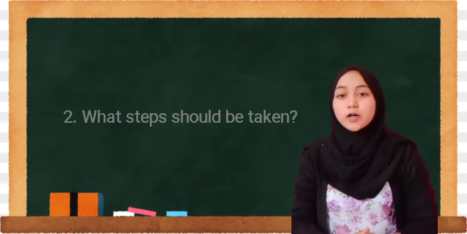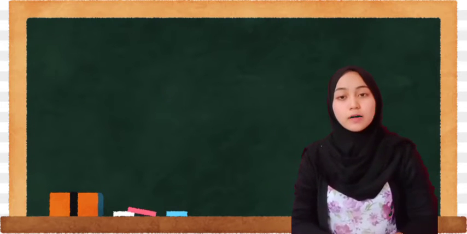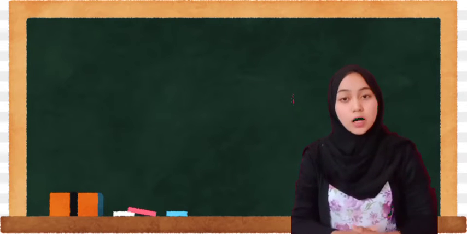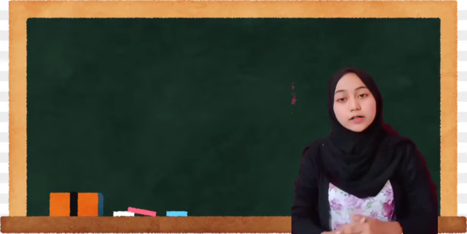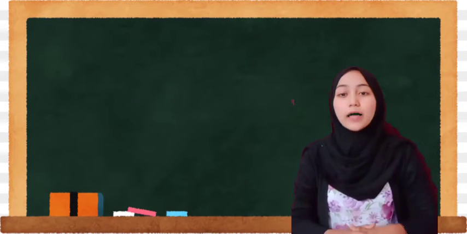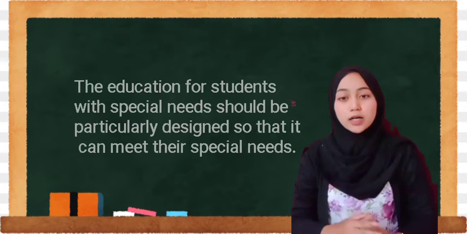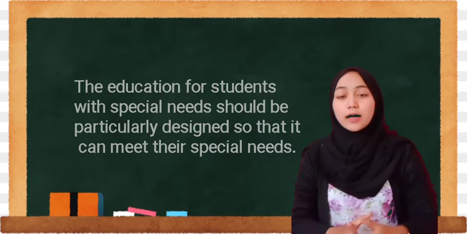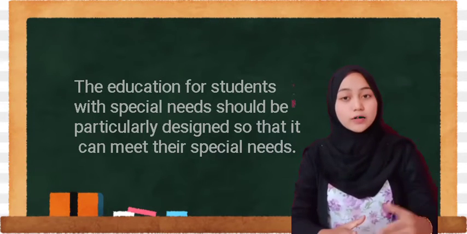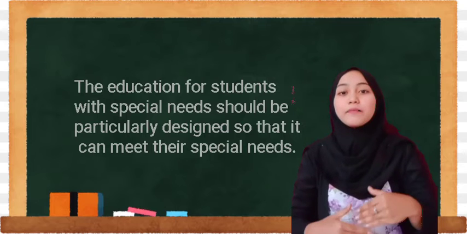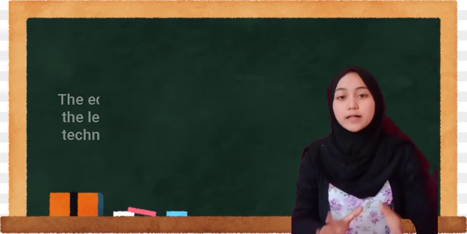Special education means specially designed instruction that meets unusual needs of an exceptional student, and which might require special materials, teaching techniques, or equipment, and or facilities. It means that the education for students with special needs should be particularly designed so that it can meet their special needs.